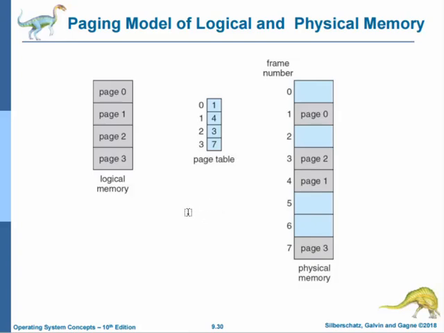If the size of the logical address space is 2 raised to m and the page size is 2 raised to n, then the high-order m minus n bits of a logical address designate the page number, and the n low-order bits designate the page offset. Thus, the logical address is as follows.